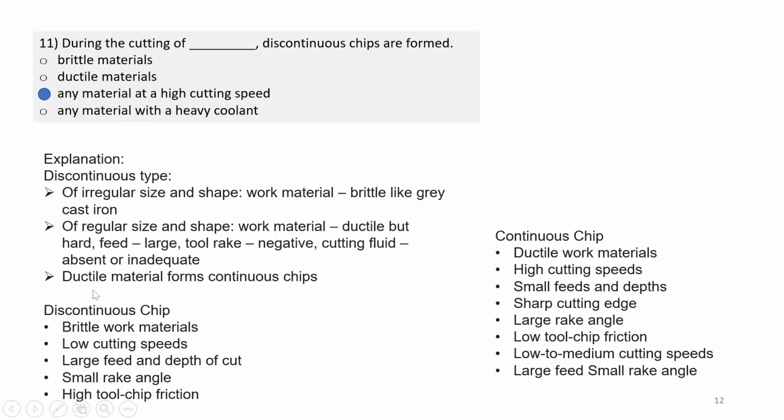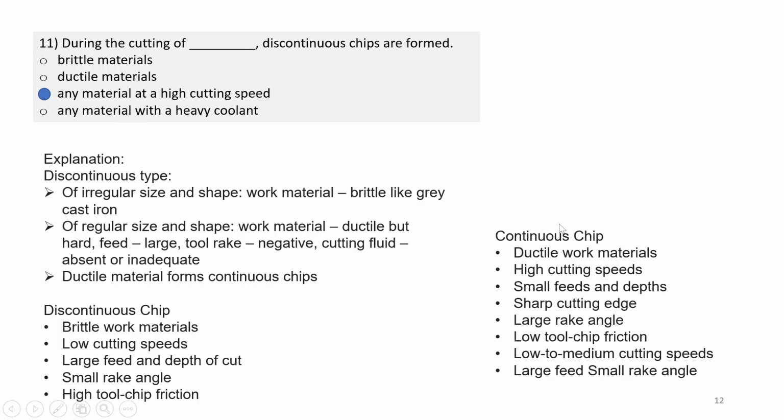Ductile material forms continuous chips. In case of discontinuous chips, your material will be brittle, there will be low cutting speeds, large feed and depth of cut, small rake angle and high tool-chip friction.